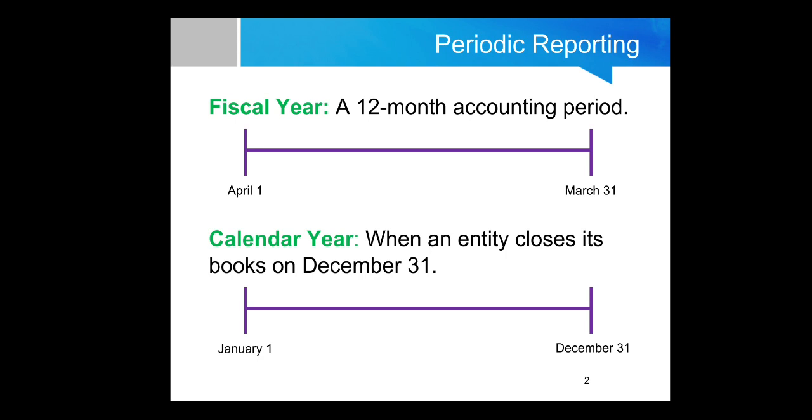The first step is doing analysis. The second step is doing journal. The third step is preparing the ledger. And the fourth step is preparing a trial balance.